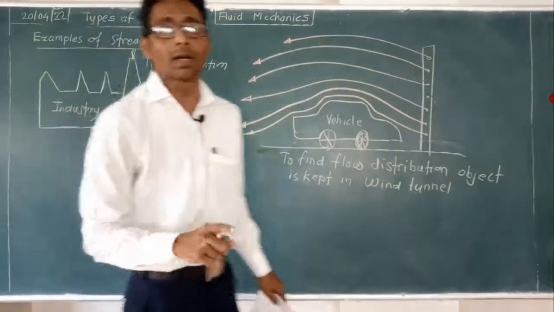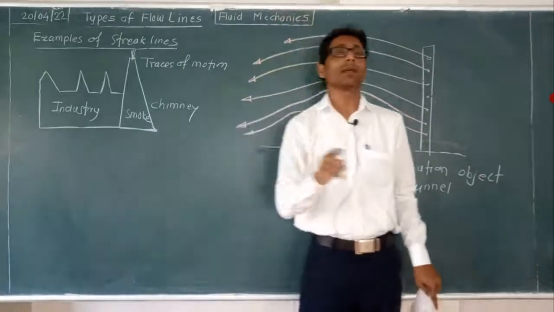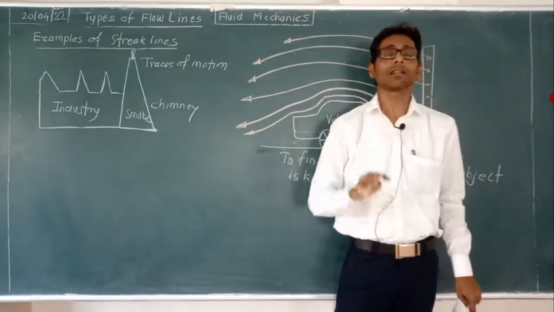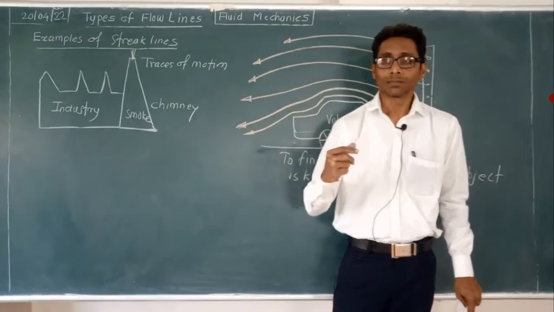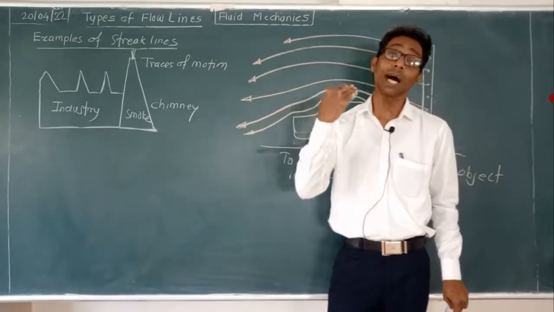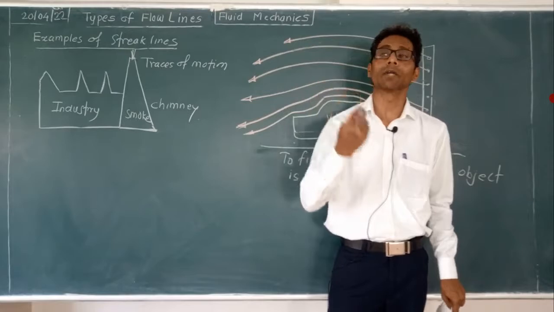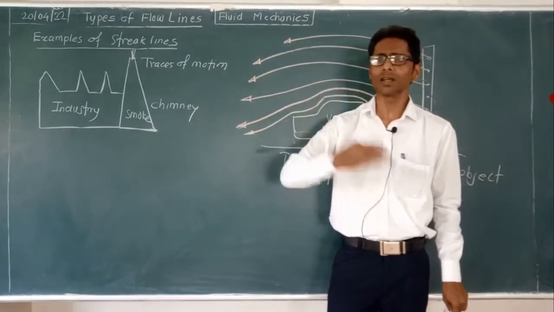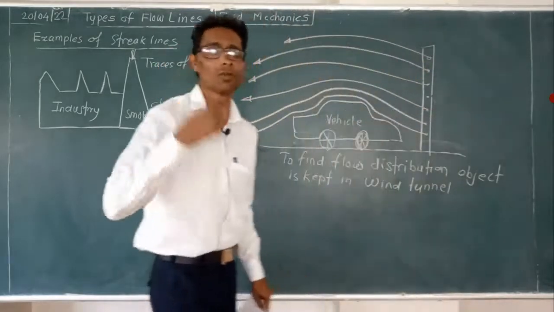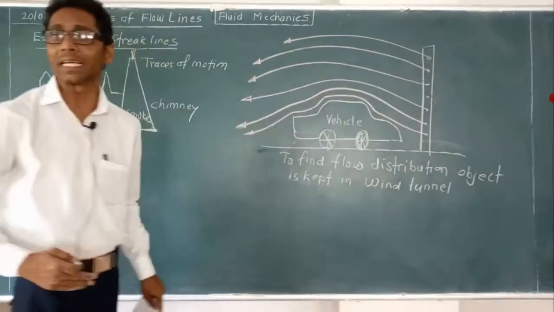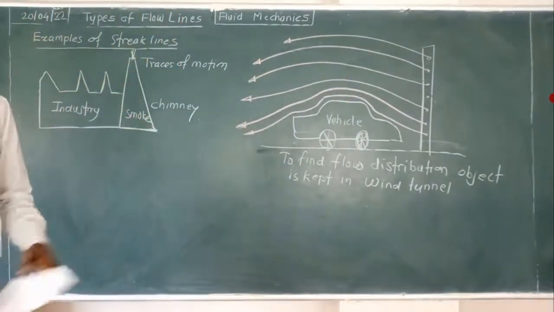Normally Mercedes-Benz, a high-end car, their shape you will find different than the normal car. Why? Because they have high speed, high torque, more power. Ferrari, Bugatti, there are any number of examples you know well. So to study the flow distribution over it, such things are done.